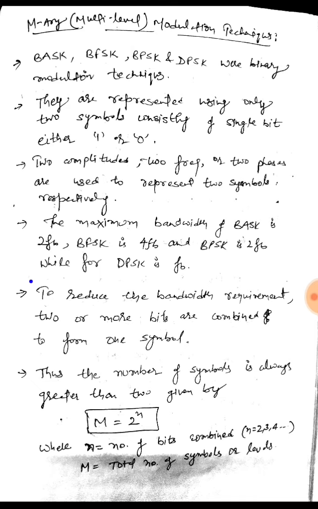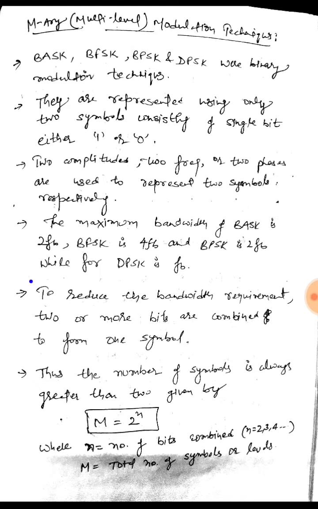In binary amplitude shift keying we used two amplitudes, in binary frequency shift keying we used two frequencies, and similarly in binary phase shift keying we used two phases to represent the symbols respectively.